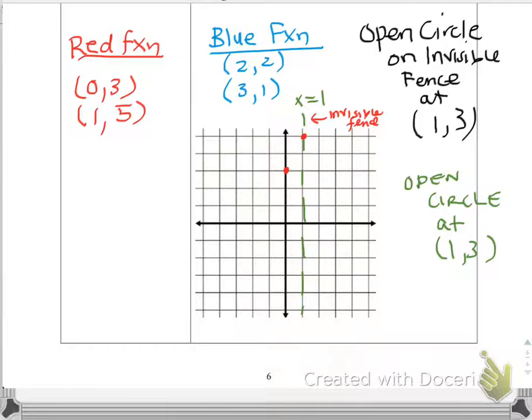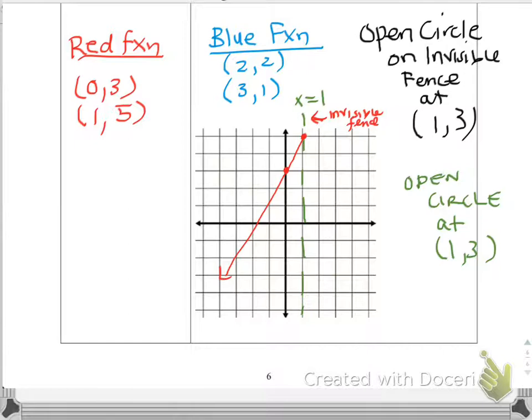Think of the two functions and the two values as a neighborhood, and the line x equals 1 right here represents an invisible fence dividing the people that live on the street. If you're on the left side of that fence, then you're in the red neighborhood. If you're on the right side of the fence, you're in the blue neighborhood.